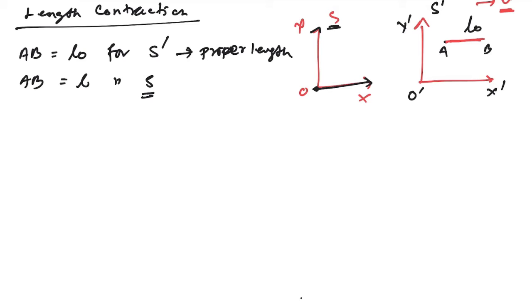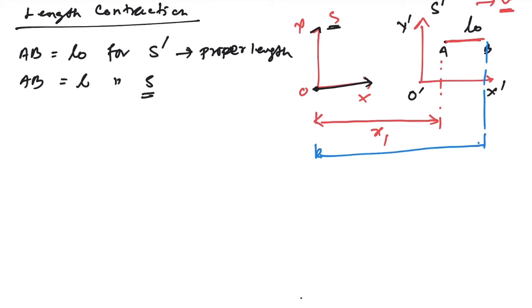And here you see, suppose with respect to this coordinate system, the point A is x1, and the endpoint B is x2.